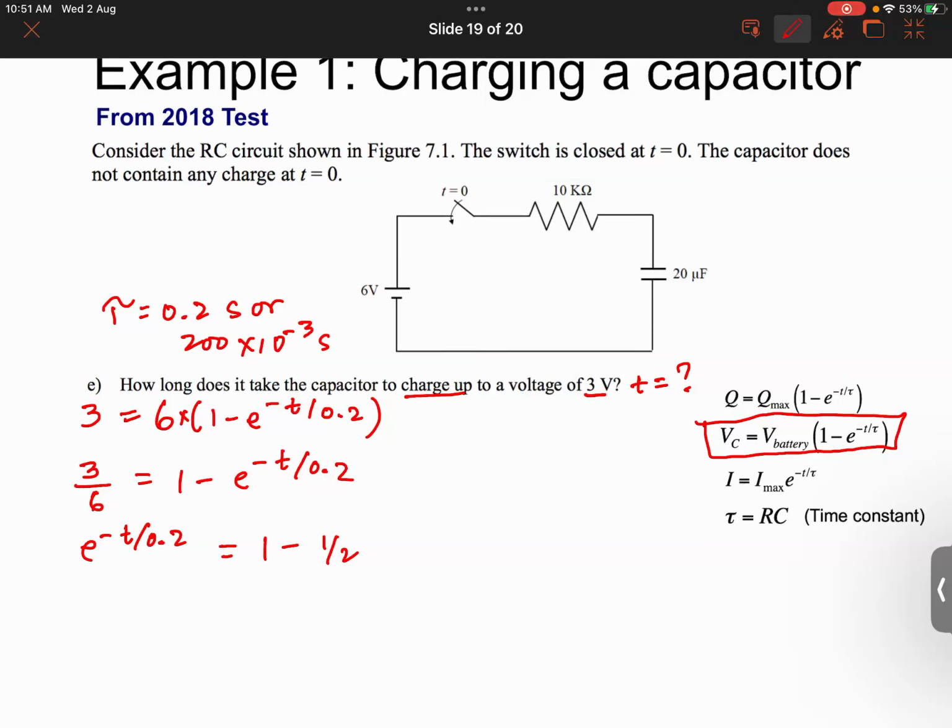Okay, right. How do we get rid of this base e? Anyone remember how to get rid of this base e in order to isolate t? The ln. Yeah.